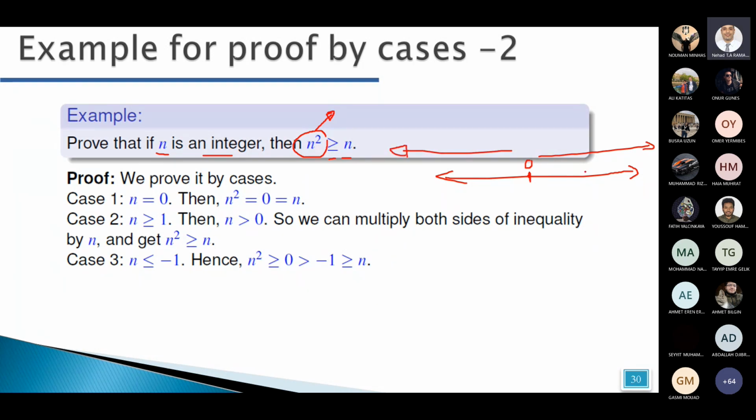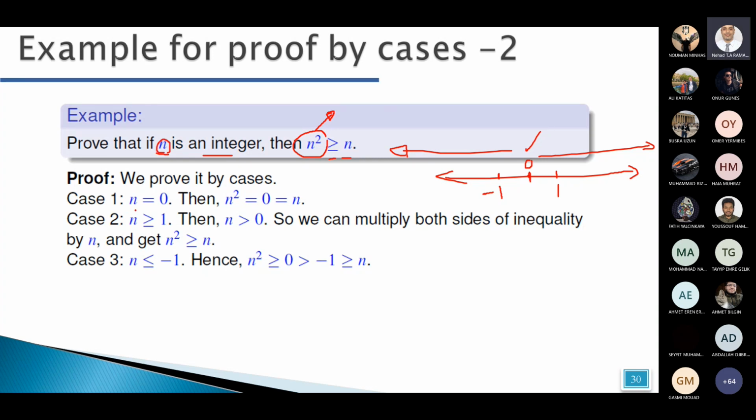And we will take this interval and this interval. In this interval, we speak about integers, yes? So we already took 0. In this case, we will take that n is more than or equal 1 and n is less than or equal minus 1, and we have to prove this. So we take the cases of n.